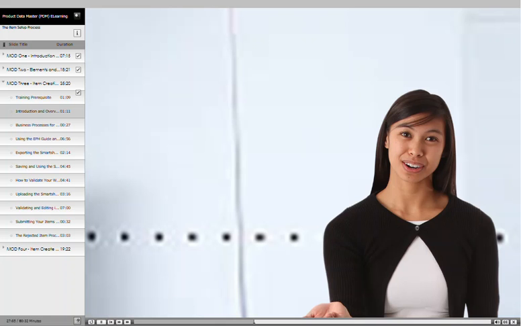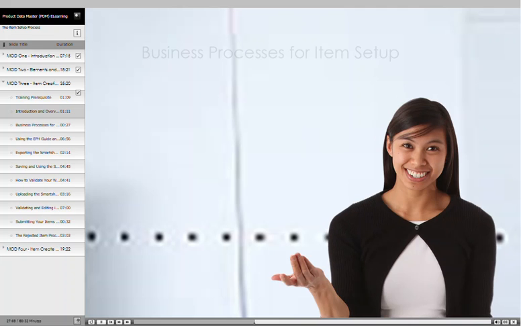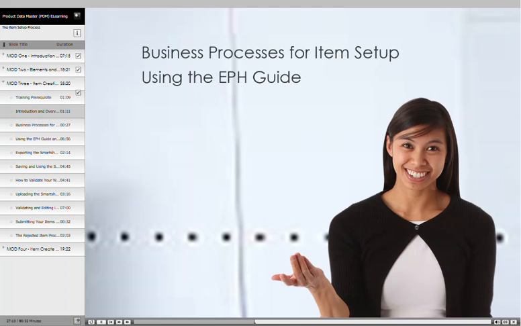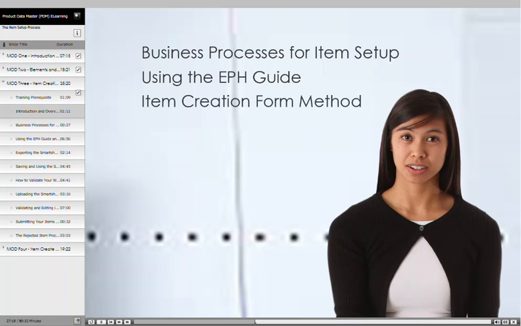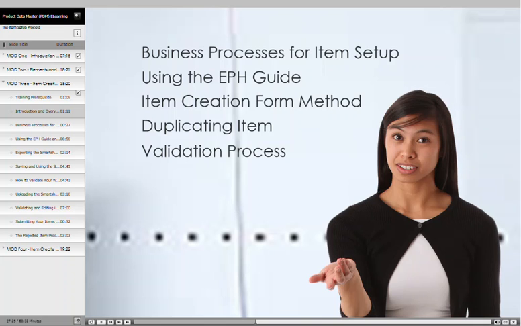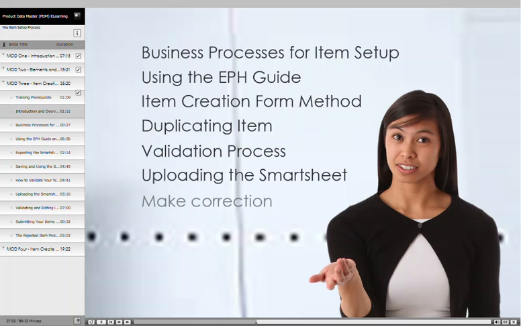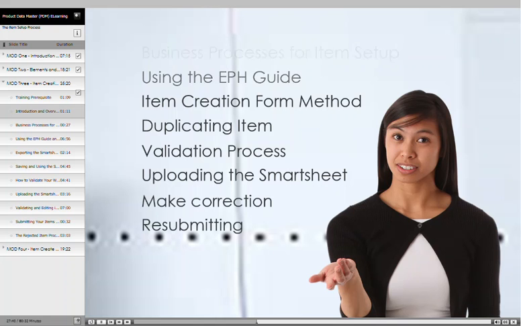In this module, I will demonstrate the following: reviewing the business processes for item setup, using the EPH guide to locate the appropriate product category, how to set up an item using the item creation form method, duplicating items based on an existing item, using the validation to identify errors prior to and after uploading to PDM, uploading the Smartsheet to the PDM portal, how to make corrections when an item is rejected, and resubmitting the item record. This module will take approximately 35 minutes to complete.